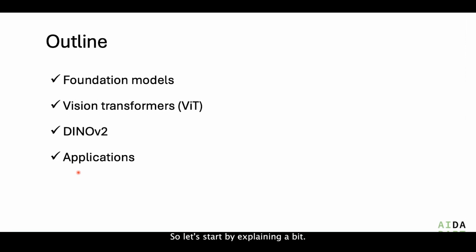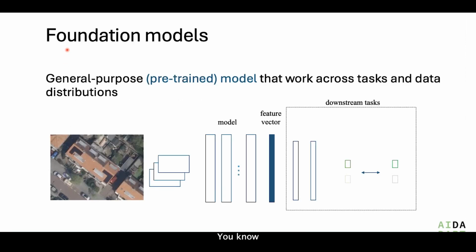So let's start by explaining what the holy grail of foundation models is. Ideally, we would like to have a pre-trained model which is general purpose, in the sense that it will work across different tasks and data distributions. Imagine we have this model already pre-trained, maybe with a large data set, and we pass it an image and get a feature vector.